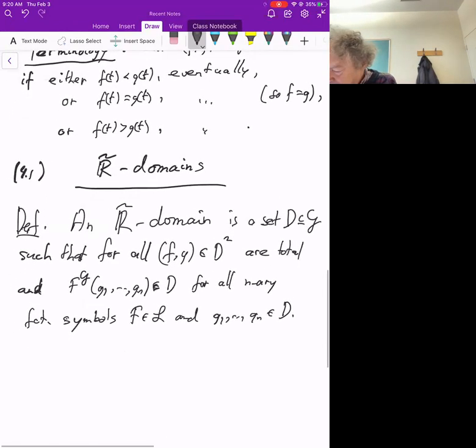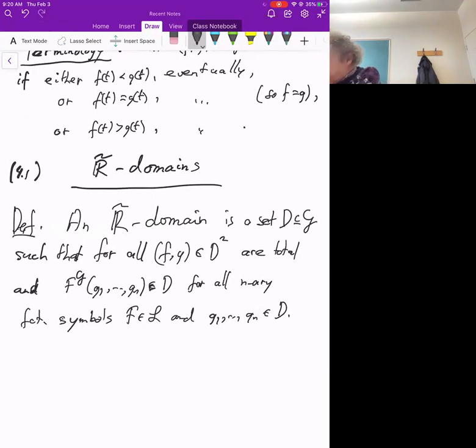So, for example, for R tilde equal to R_L, just the ordered field of real numbers, an R tilde domain would be just like a Hardy field, except the underlying ring doesn't have to be a field, but is just a subring.